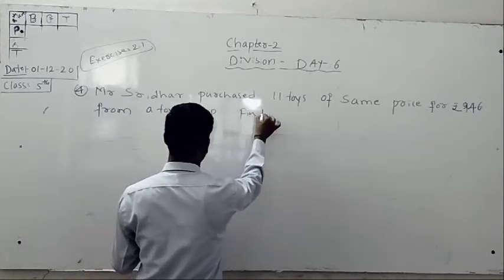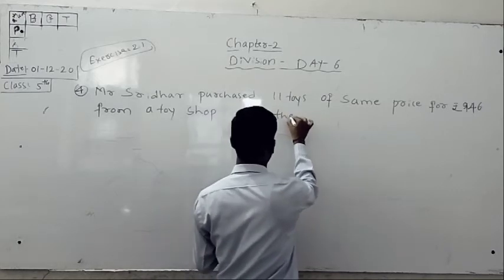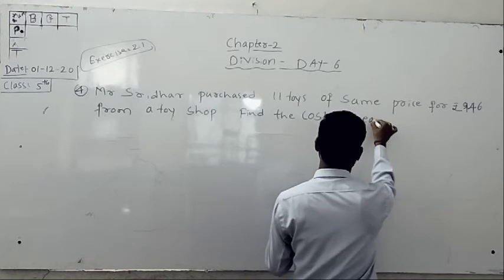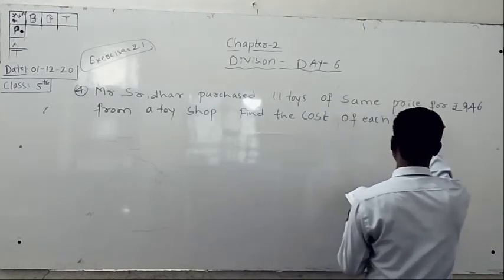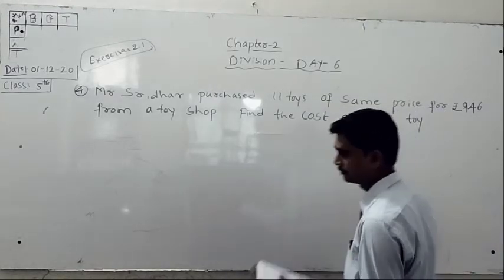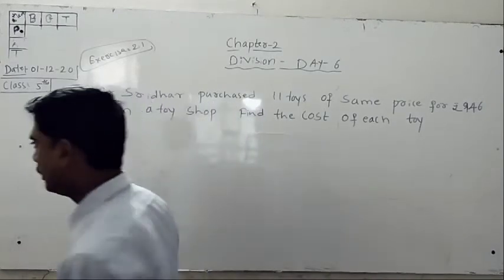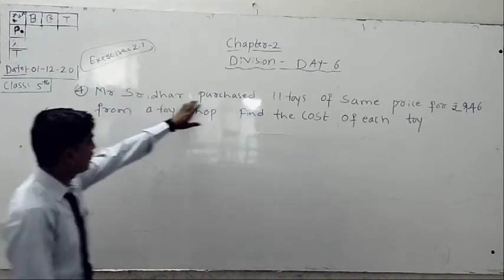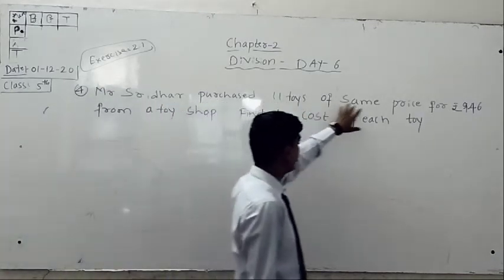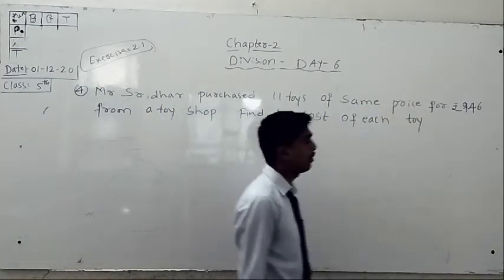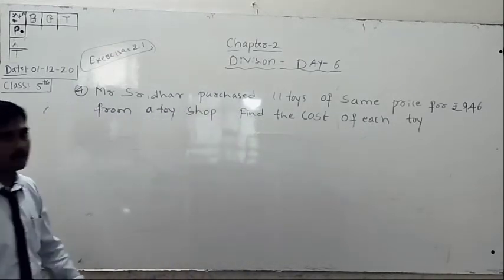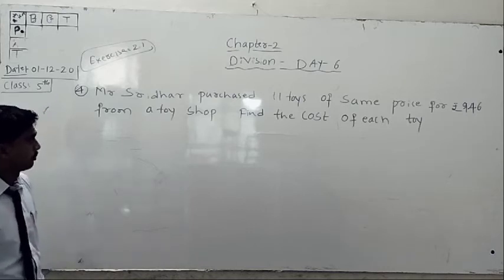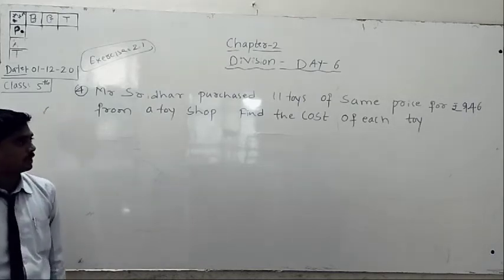Find the cost of each toy. This is the question. Mr. Sridhar purchased 11 toys of same price for rupees 946 from a toy shop. Find the cost of each toy.